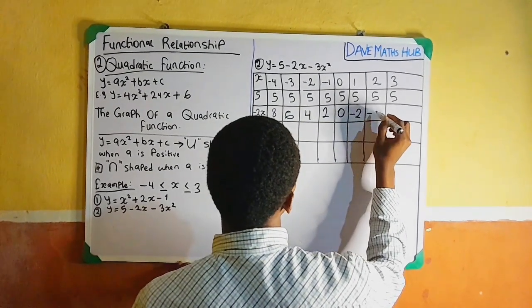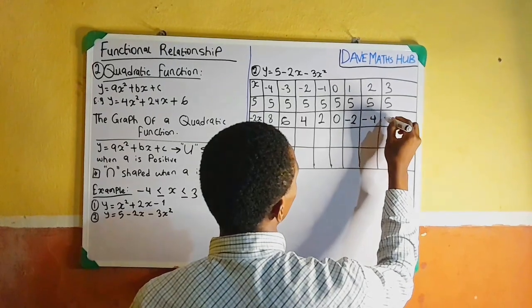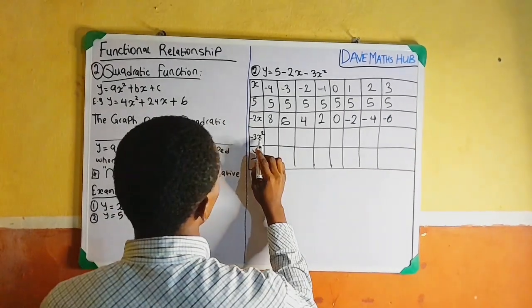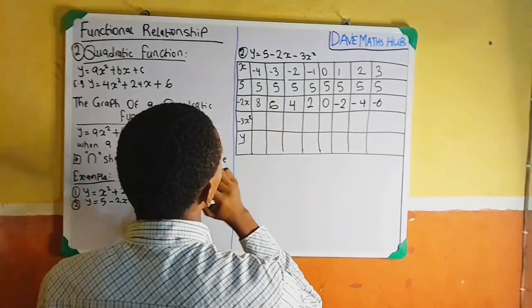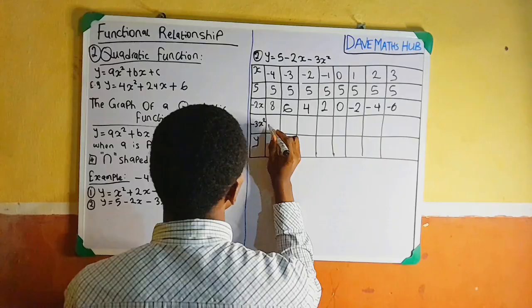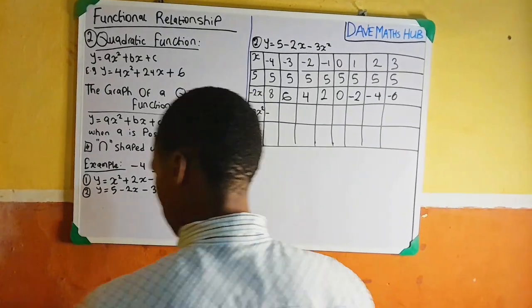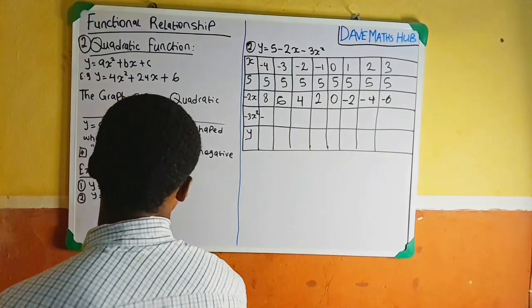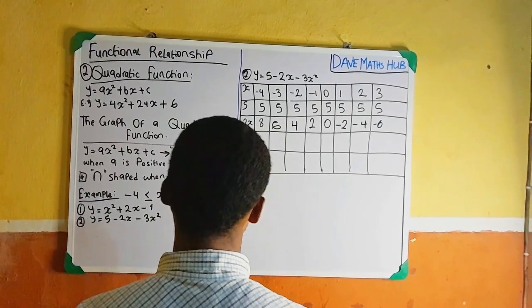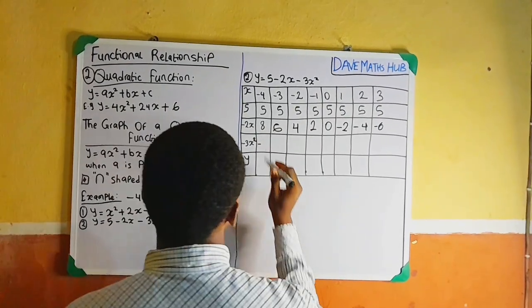So this is minus 2, minus 4, minus 6. Now, x squared: minus 4 squared is 16. 16 times minus 3, that's minus 48. Should be 16 times 3, exactly, minus 48.